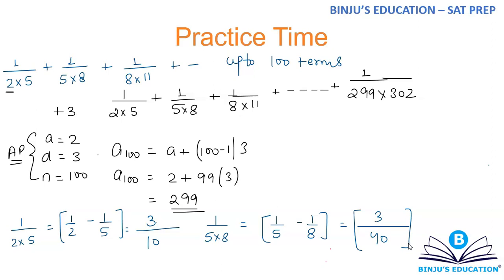So in order to take care of that 3, I'm gonna rewrite this as 1 by 3 into (1 by 2 minus 1 by 5). I'm gonna multiply this by 1 by 3, so this 3 in the denominator is gonna take care of the 3 in the numerator.